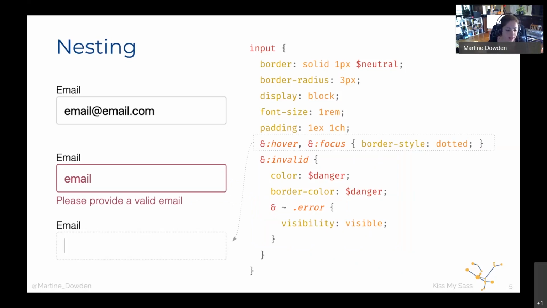The downside to nesting is that it's very, very easy to want to nest everything. So if you're talking about, for example, a list inside of a navigation tag, it's very easy to say, I have my nav, inside of which I nest my UL, inside of which I nest my LI, inside of which I nest my anchor tag.